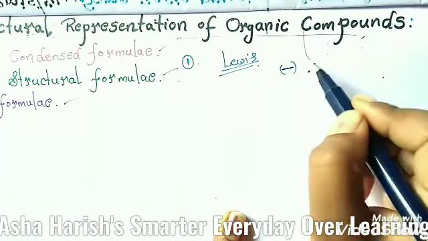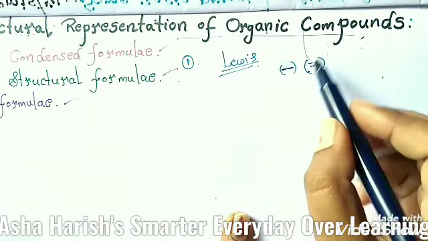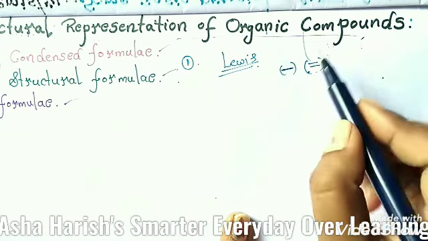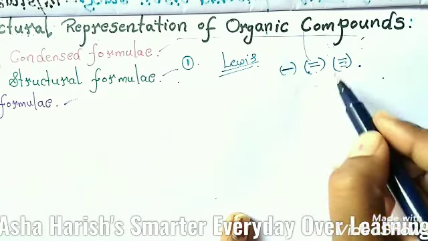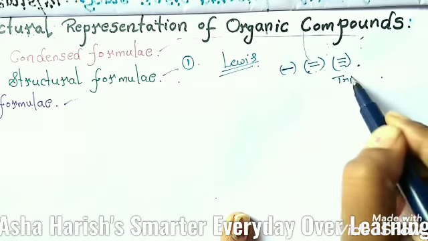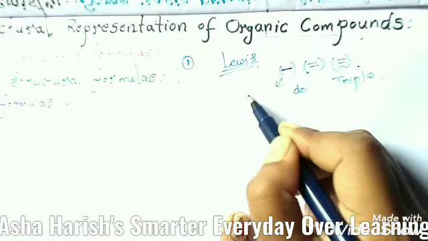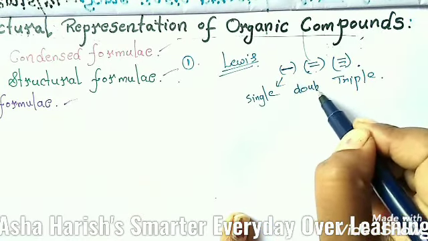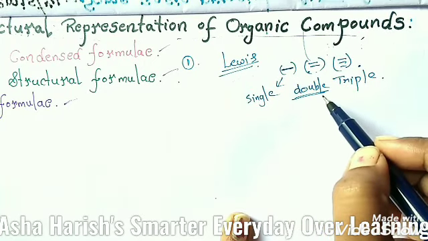Evidently two dashes will be required to represent a double bond, and three dashes is known as a triple bond. A single line is nothing but a single bond, and a double line, double dashes, is known as a double bond.